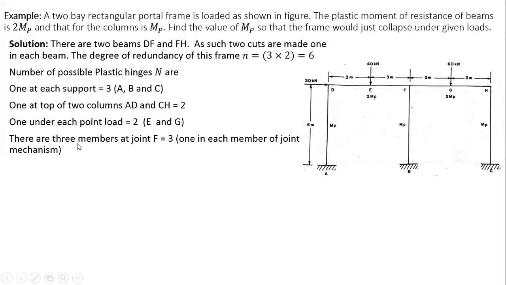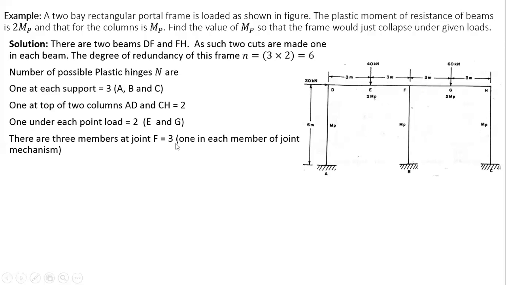Then there are three members meeting at joint F. Now this is your joint F here. We have beam mechanism, we have sway mechanism, and similarly we have the joint mechanism. Joint mechanisms are established when there are more than two members. Here there are three members, this beam, that beam, and this column.